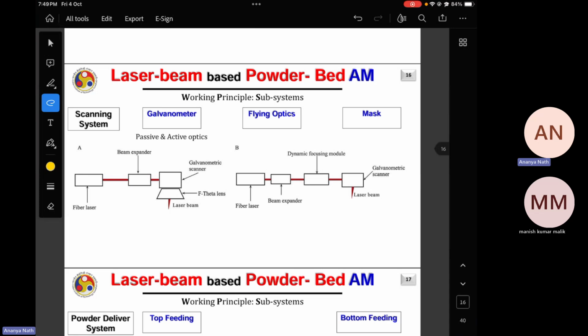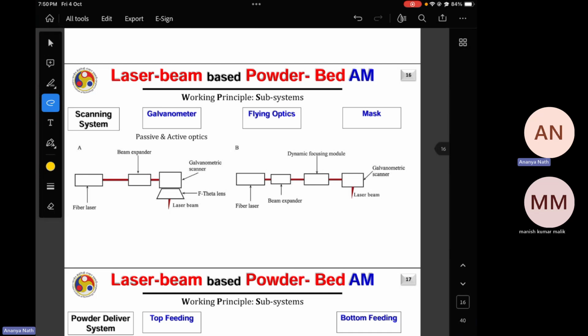Sorry, not binder jetting, material jetting, or even binder jetting also, or mostly useful in case of wet photopolymerization. Under wet photopolymerization, there is one method classification, digital light processing (DLP), where masking is done. So in that case, masking is useful, but in case of PBF, masking is not useful.